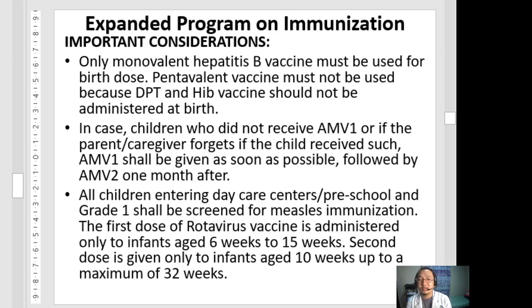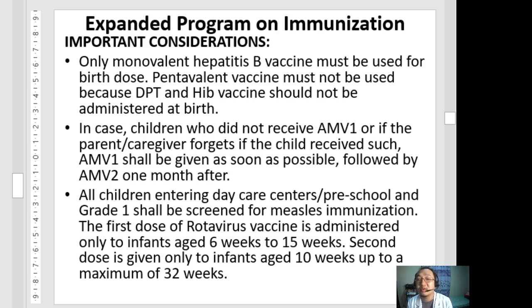As we have been mentioning, AMV1 should not exceed 9 months of age for higher effectivity rate. All children entering daycare centers or preschool and grade 1 shall be screened for measles immunization.